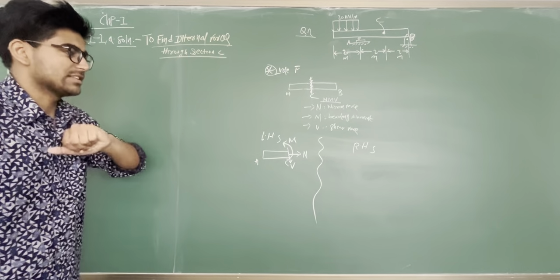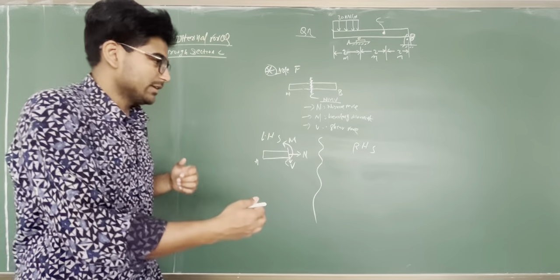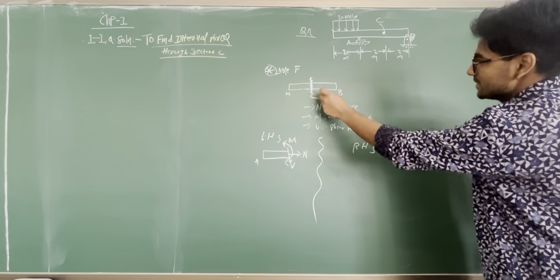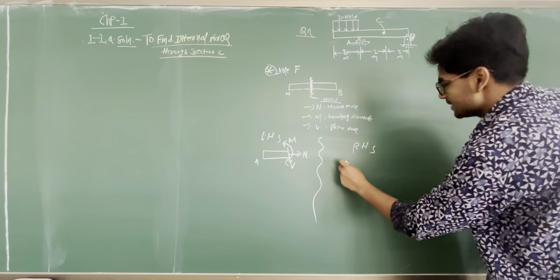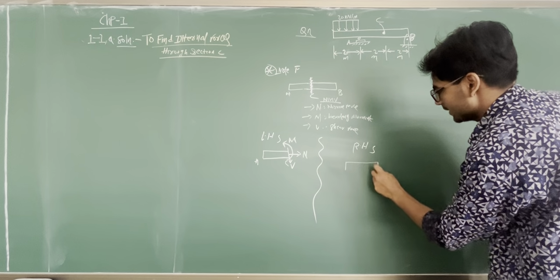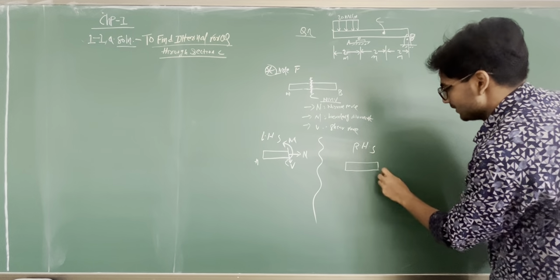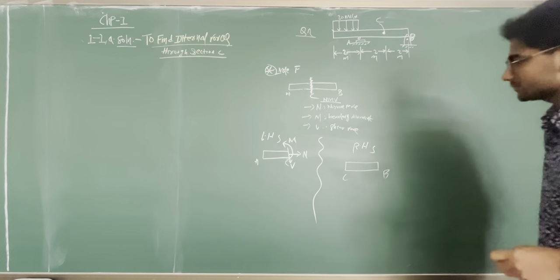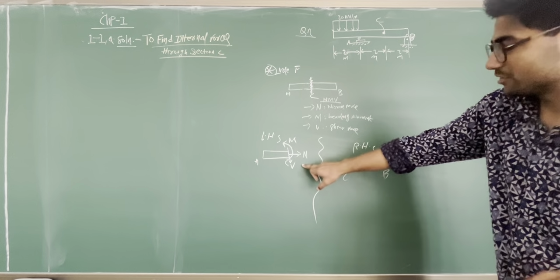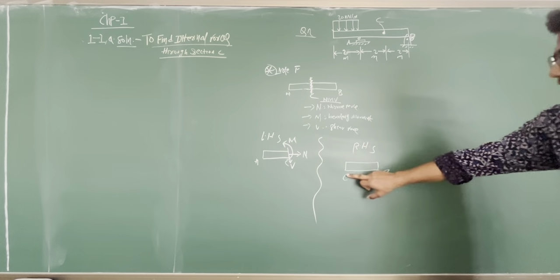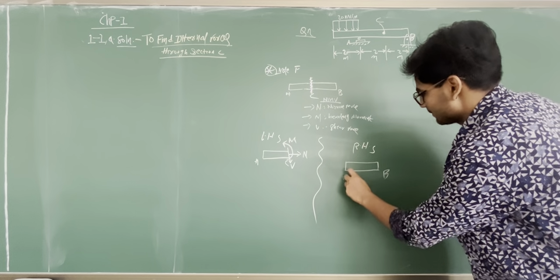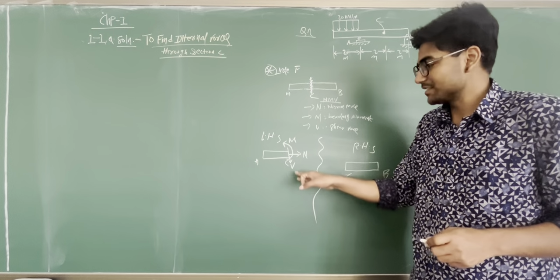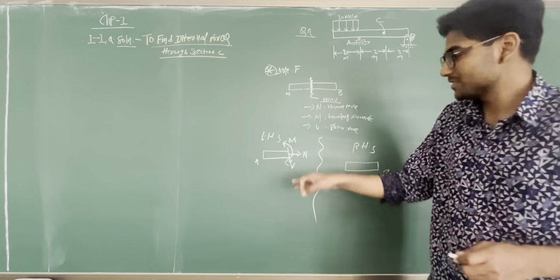If you take the left hand side, the opposite is the right hand side, same thing. Suppose we are taking here C and B. Similarly, here will also be three forces. But here, since it is the left, the shear force is downward.